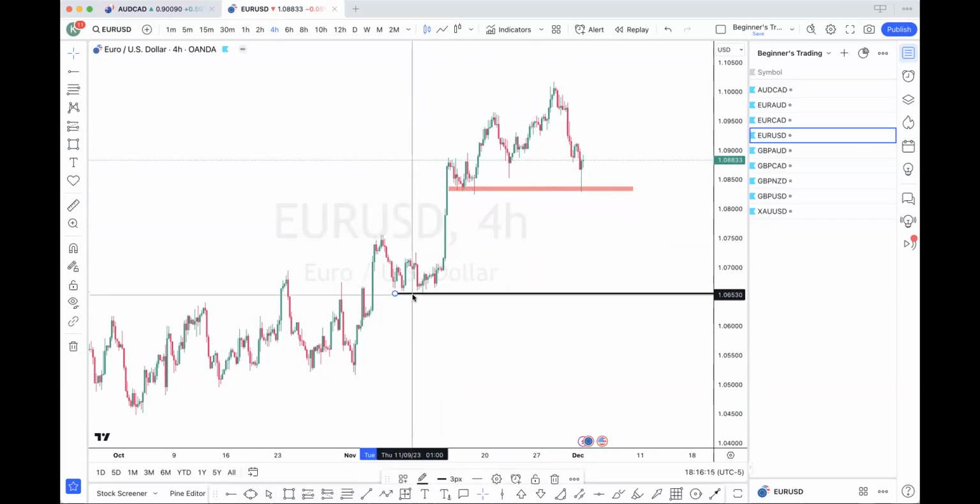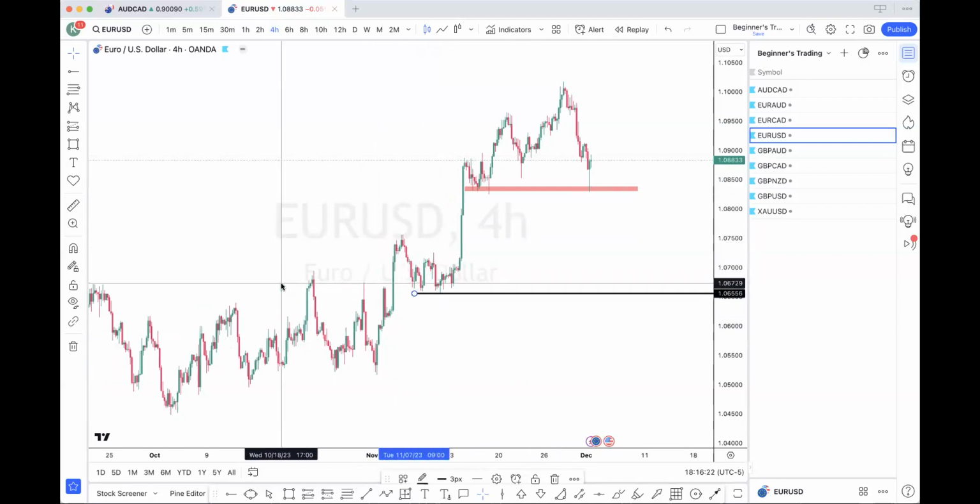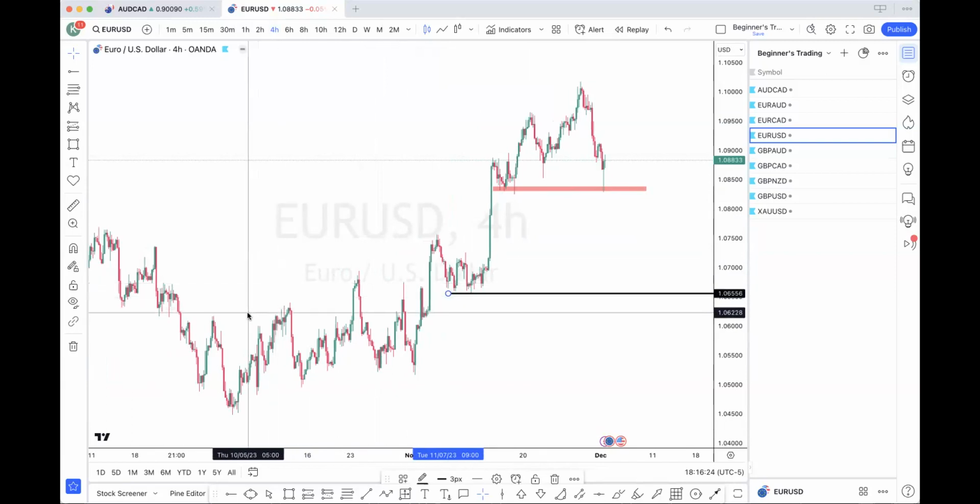Okay, so usually when you have that impulse move, whether it's here, here, or here, there's a minor break of impulse move here. It didn't break this swing high right here, but there was an impulse move, right?